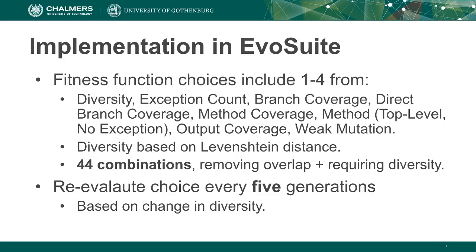To constrain the number of combinations we can choose from, we only use combinations that include that diversity score, and we remove a further small number of semi-overlapping combinations, like branch and direct branch aren't used together. So ultimately, the reinforcement learning agent can choose between 44 combinations of fitness functions to try and apply to the test suite for the next 5 rounds, after which point it will try and make a decision again.